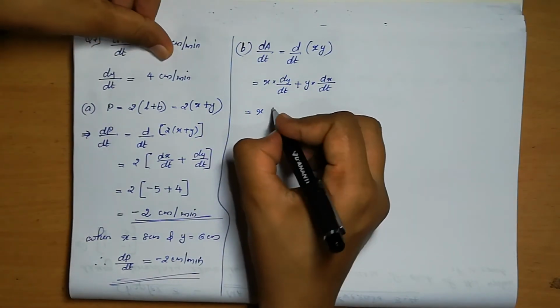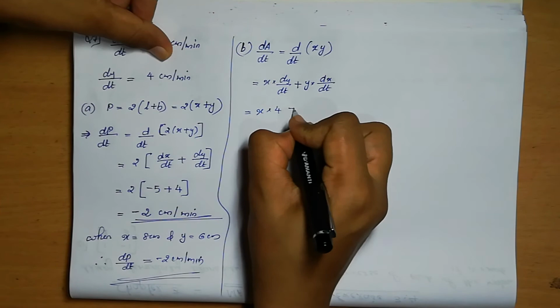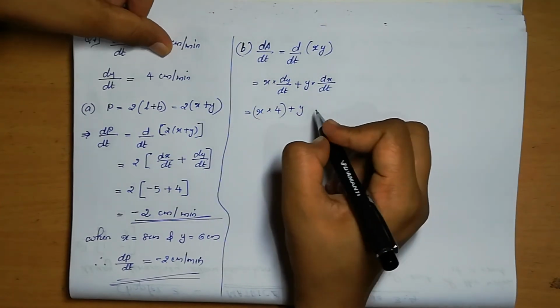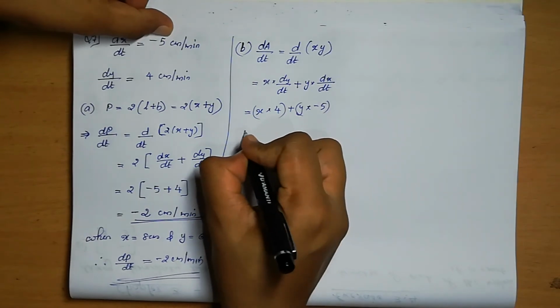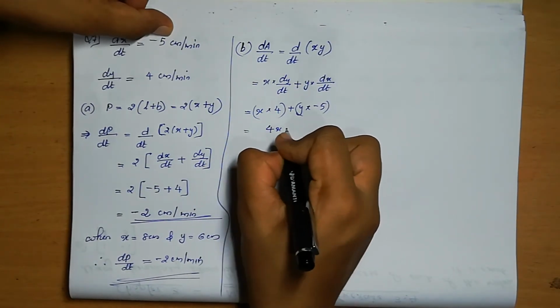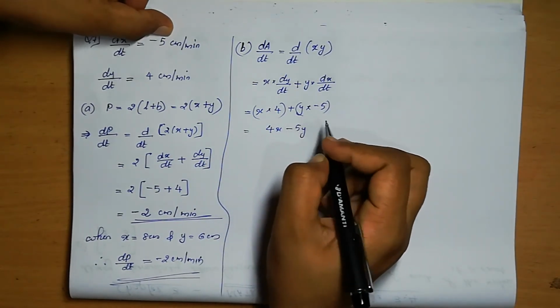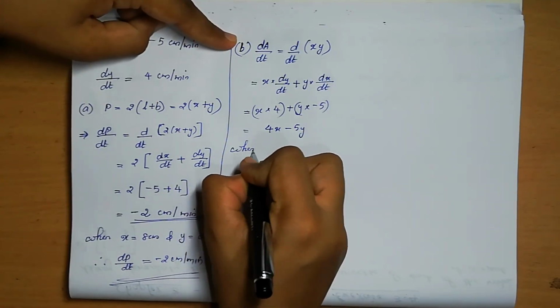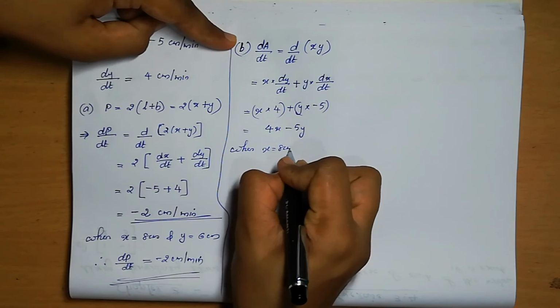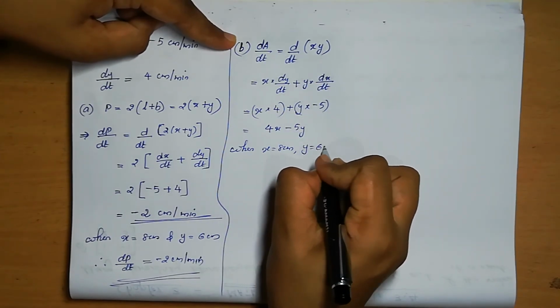We can substitute the value over here. x into dy by dt is 4, plus y into dx by dt is minus 5. So what will we get? 4x minus 5y is the rate of change of area when x equal to 8 centimeter and y equal to 6 centimeter.